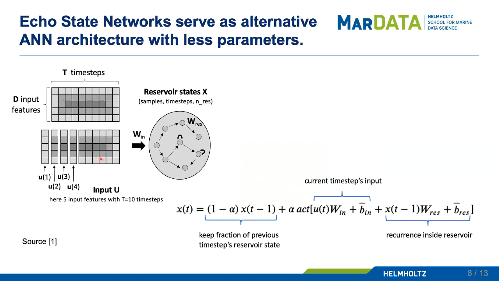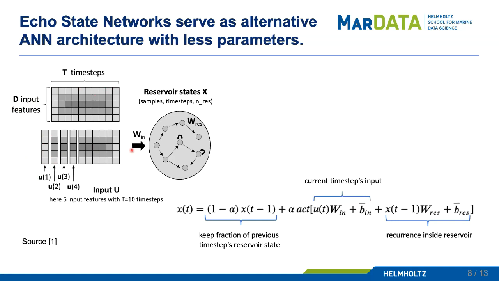Here I feed an image column-wise into the echo state network. The number of rows determines the number of input features, and the number of columns determines the number of time steps. So the first input for the first time step is this first column here, U1, U2, and so on.